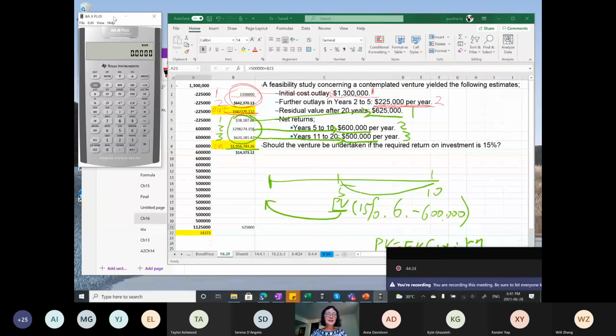Now, are you ready for the calculator NPV function? To do that, you press the CF function, cash flow. Maybe I will get rid of the begin mode.